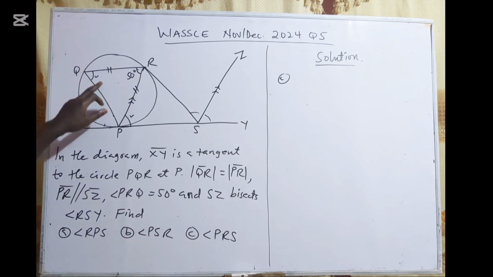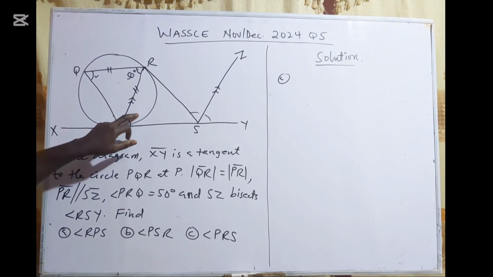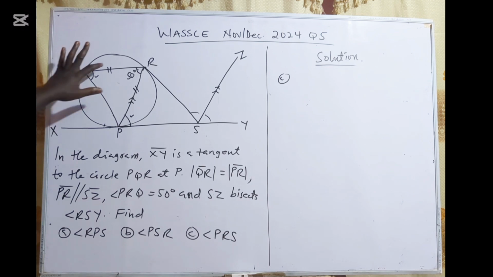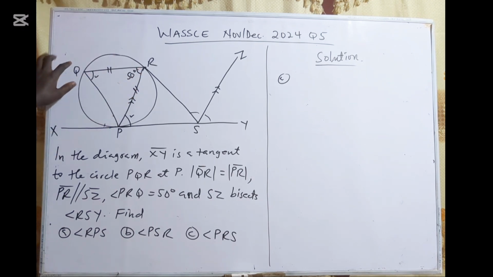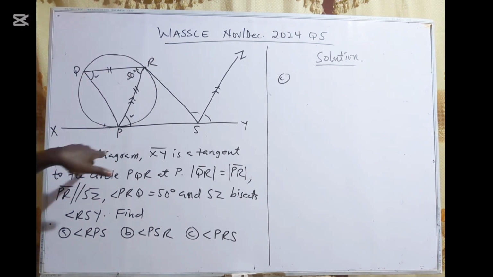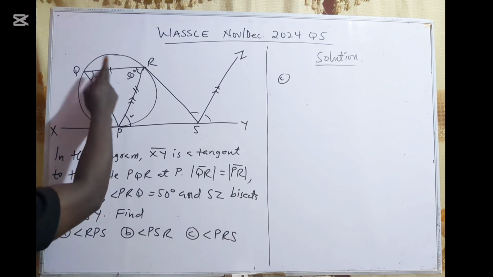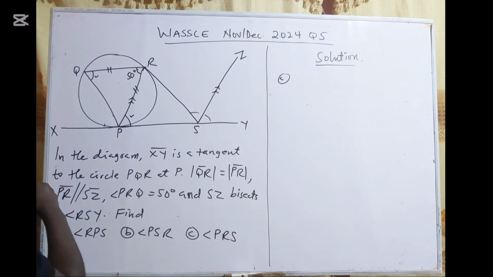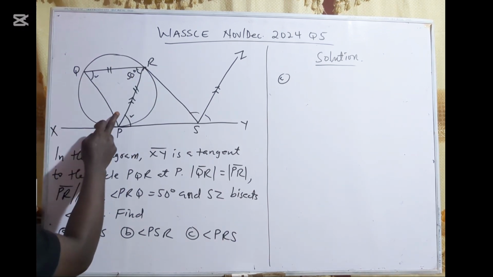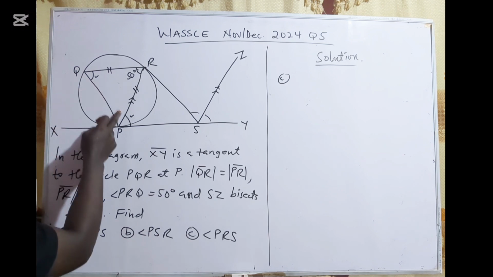So let's find this angle, and then it's the same as this angle, because QR is the same as PR. Because this line is the same as this line, this angle is the same as this angle. The base angles are the same.